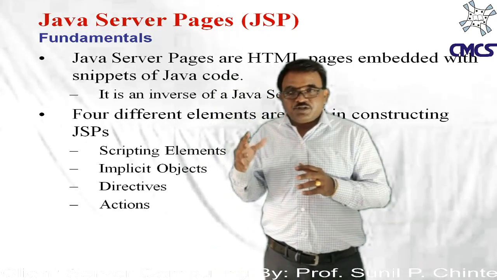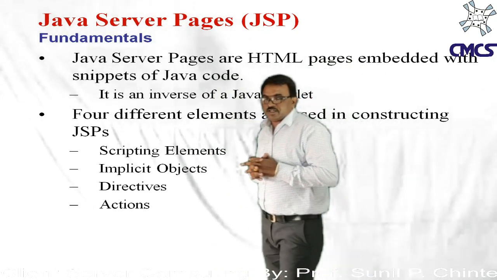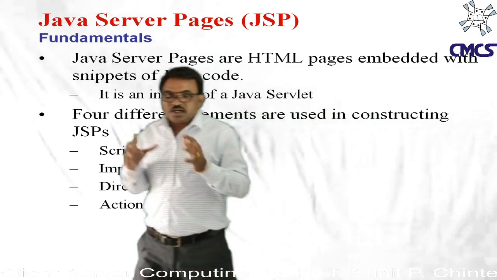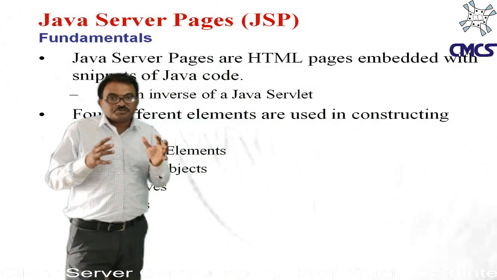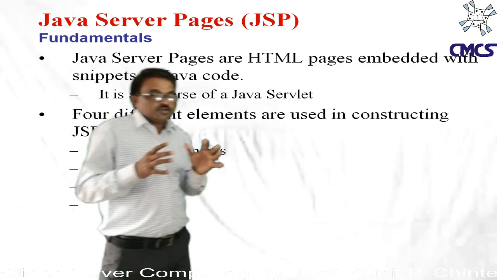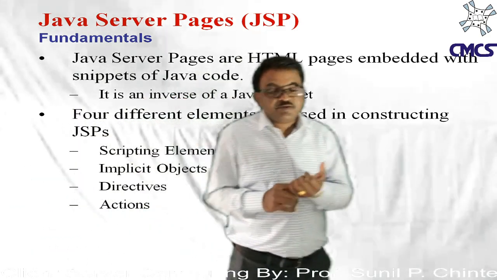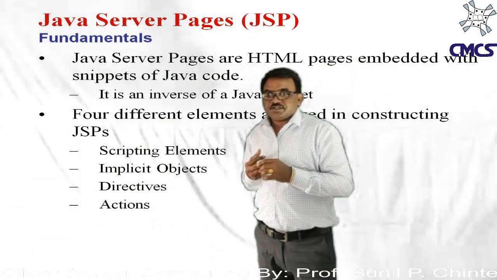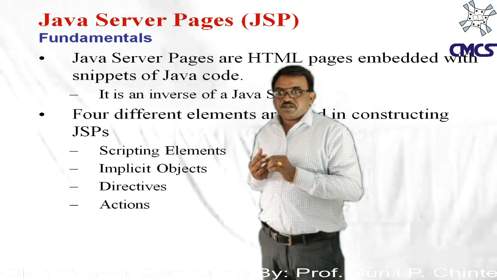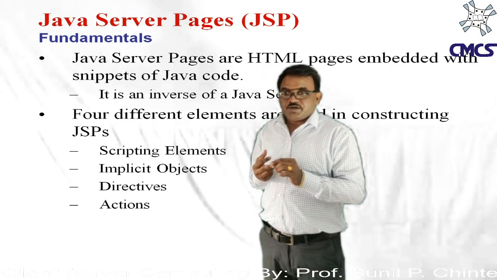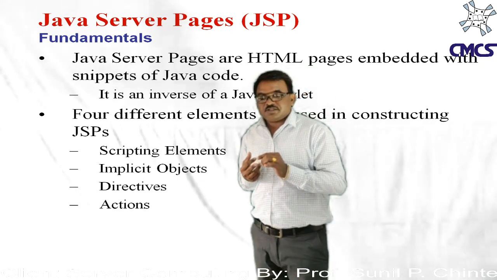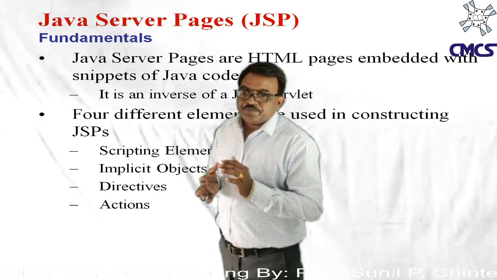There are four different elements used in constructing or designing a JSP page. These four elements are scripting elements, implicit objects, directives and actions.